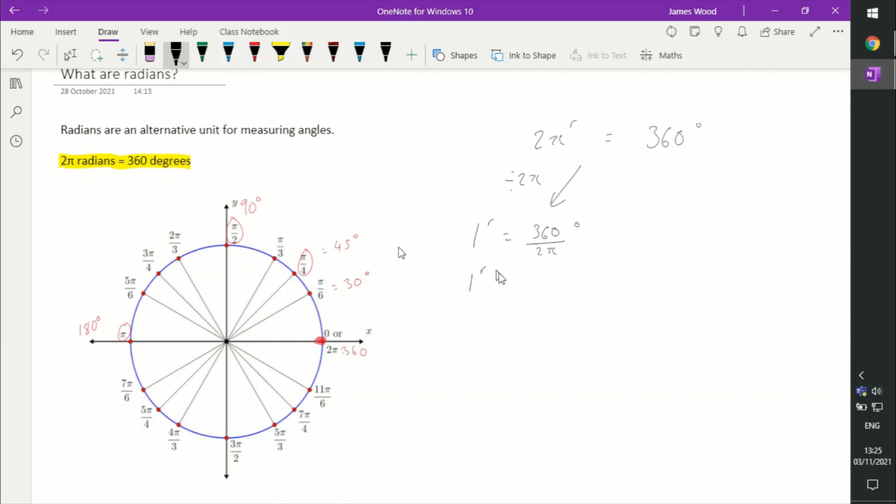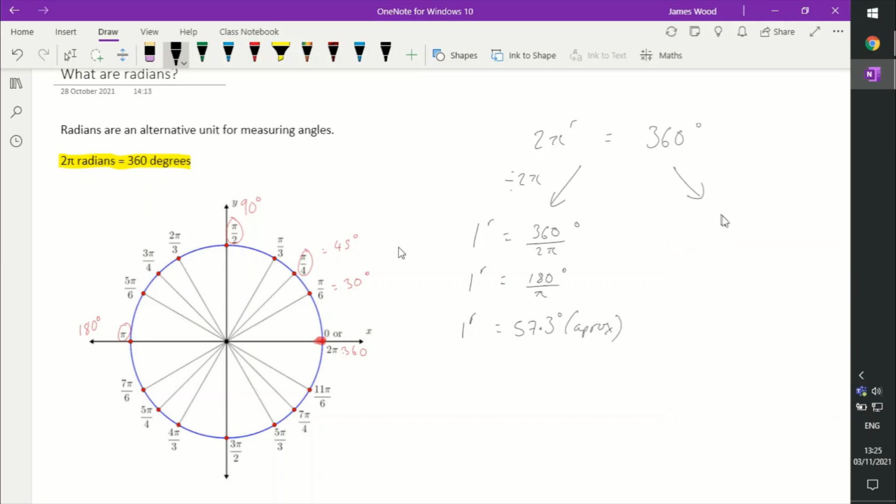Or you could say 1 radian is 180 over pi degrees, or if you wanted that as a number, 360 divided by 2 pi gives you about 57.3-ish. But that's approximate, that's not an exact value, so I wouldn't use that for converting.